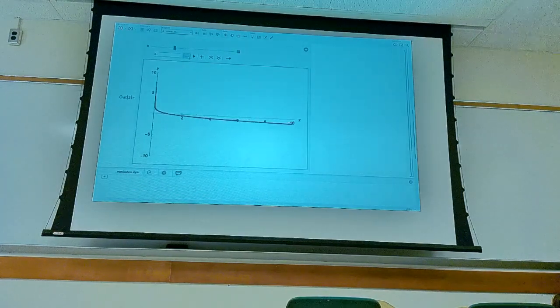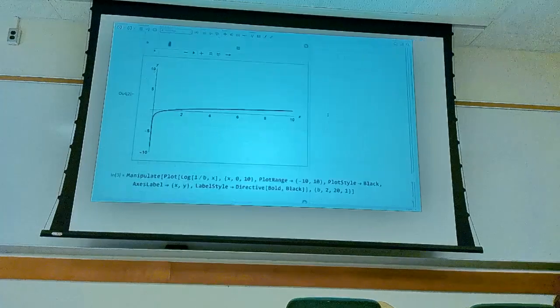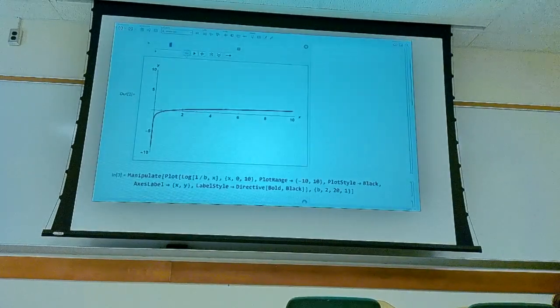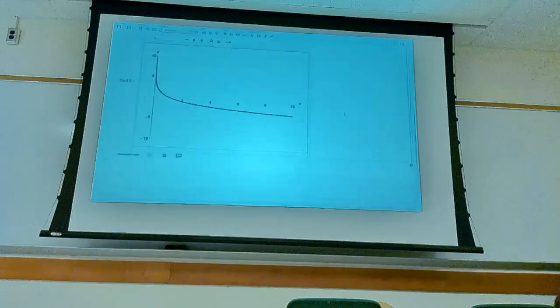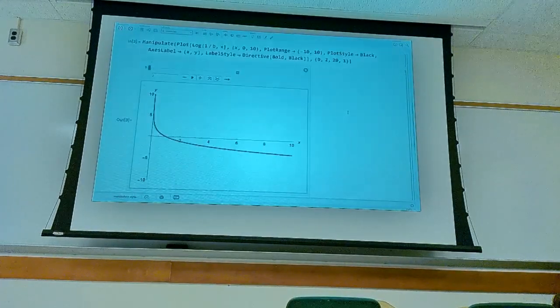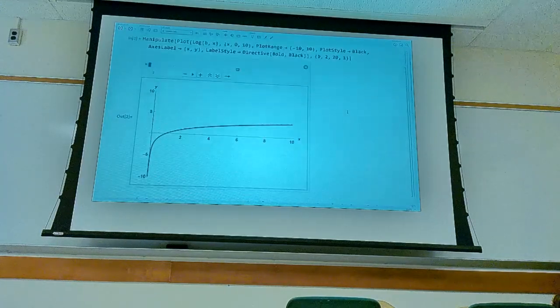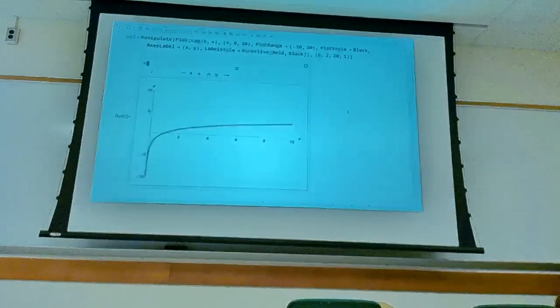All right, so what's the difference between log base b and log base 1 over b? Is it reflected across the y? Not the y, I meant the x. My fault. In this case, it's a reflection across the x-axis.